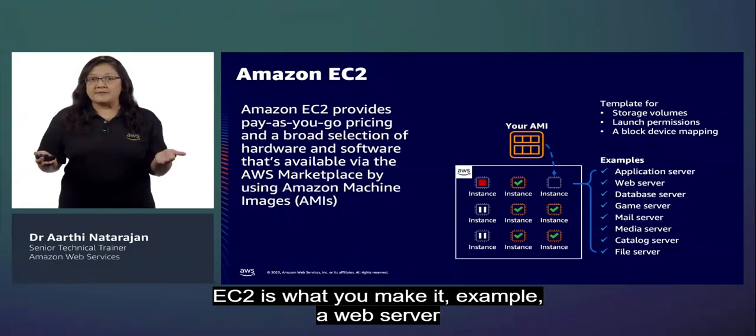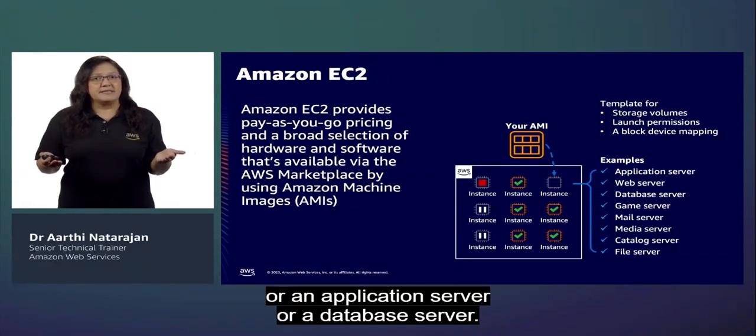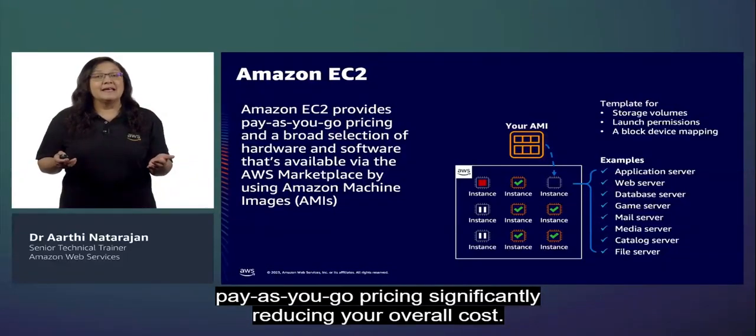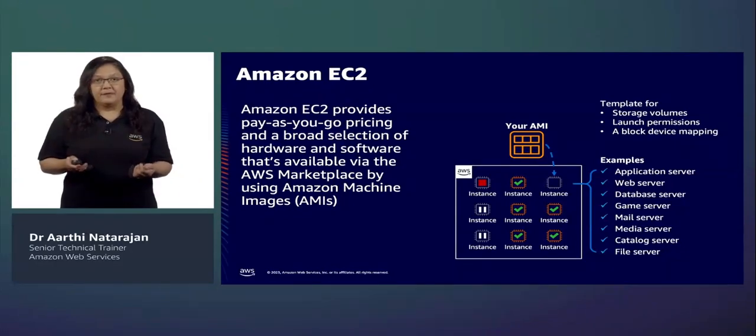Example, a web server, or an application server, or a database server. Thinking of EC2 as disposable allows you to take advantage of pay-as-you-go pricing, significantly reducing your overall cost.